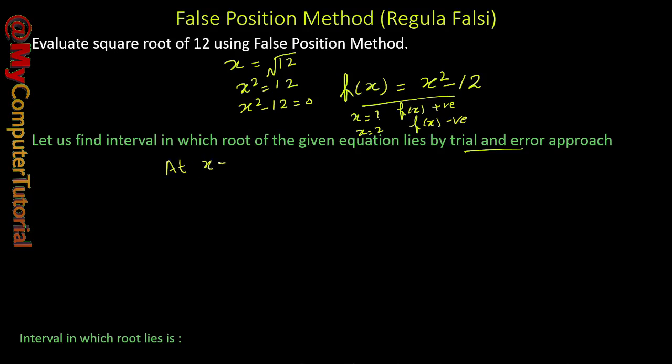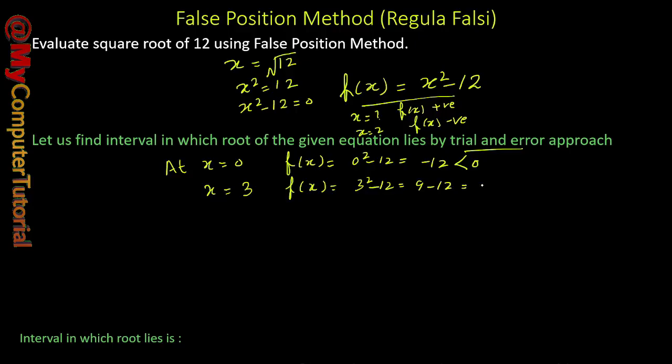So we want to find 2 points. Let's take x is equal to 0. f(x) is equal to 0 square minus 12, that is minus 12, which is negative. Now at x is equal to 3, f(x) is equal to 3 square minus 12, that is 9 minus 12, which is equal to minus 3, which is also negative.